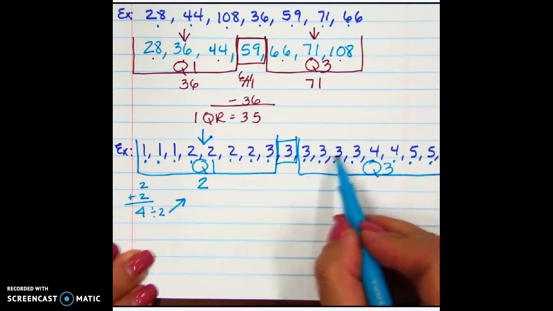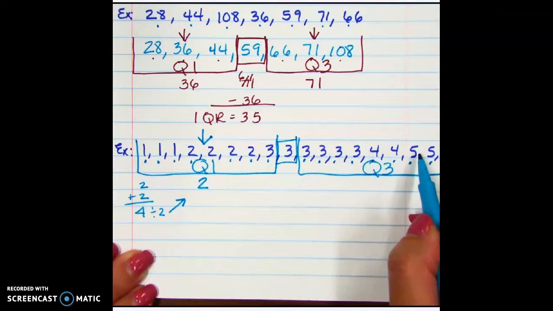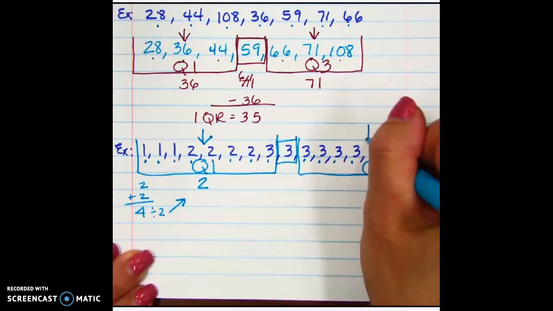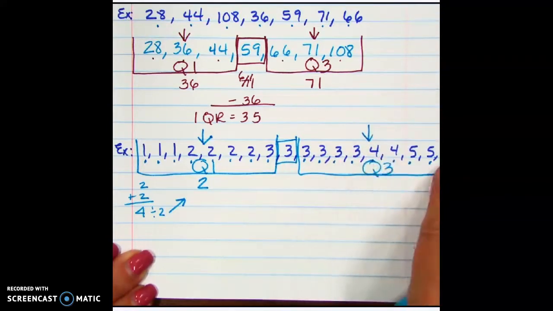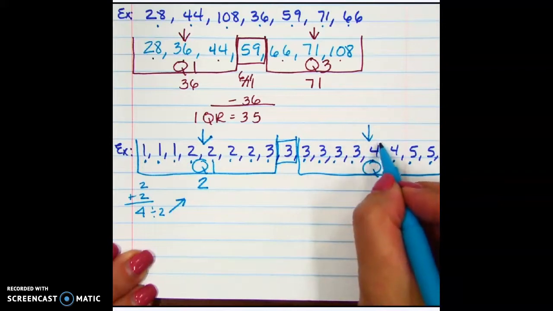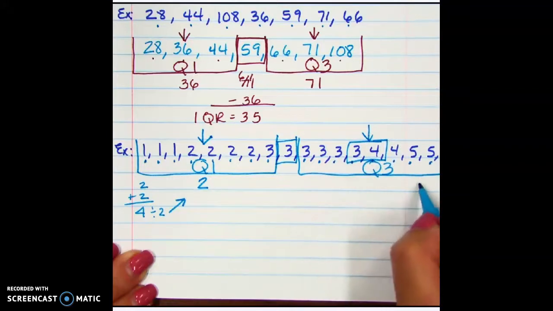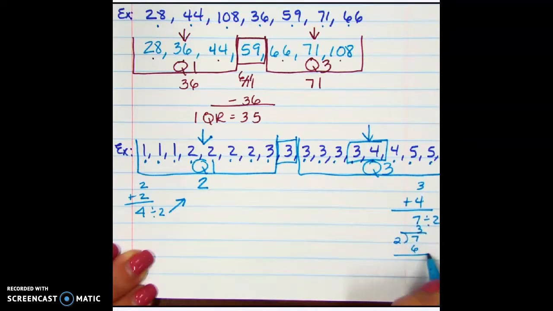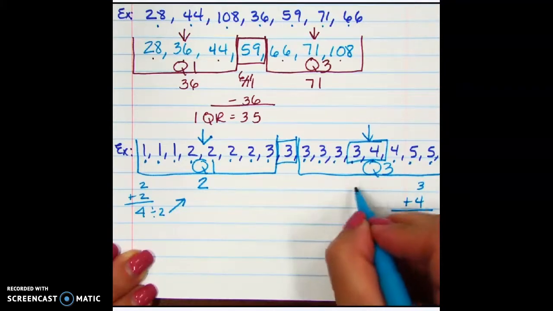Over here, 1, 2, 3, 4, 5, 6, 7, 8. So here's 4 and here's 4. So, what is between 3 and 4? Well, I could add and then divide by the number of data points, and I end up with 3.5.